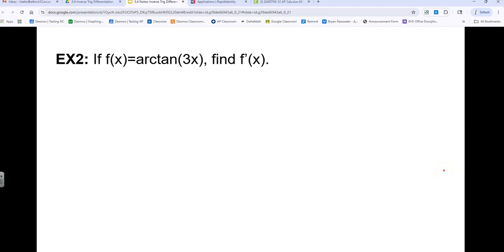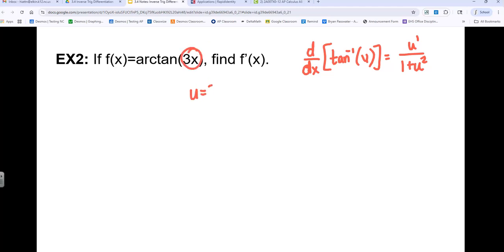f of x equals arctangent of 3x. Find f prime of x. So let's see if I memorized these. I'm not looking at them. I know I can't do this secretly. So if I've got arctangent or inverse tangent right there, interchangeable here, it's going to be u prime over 1 plus u squared. Is that right? On your note card, that looks good? Okay, got that one. So in this case, that inside part is just your u. What would u prime be? It's just 3.